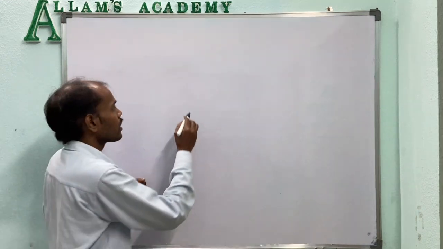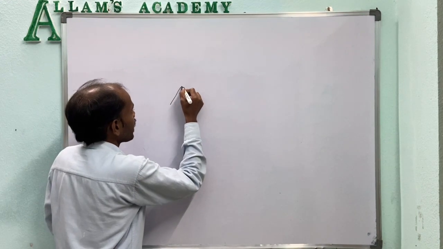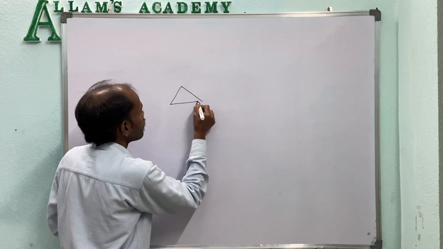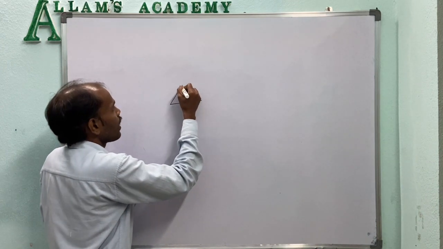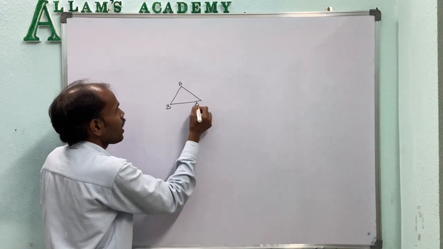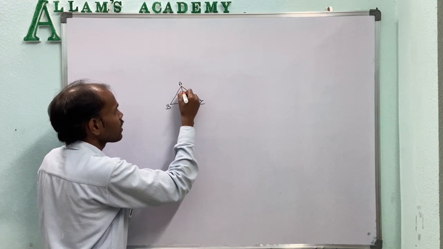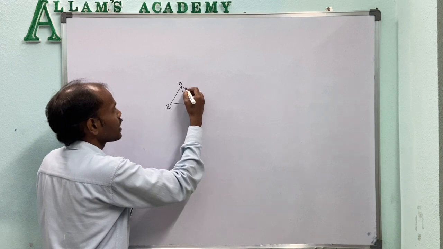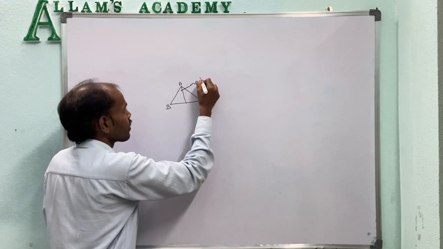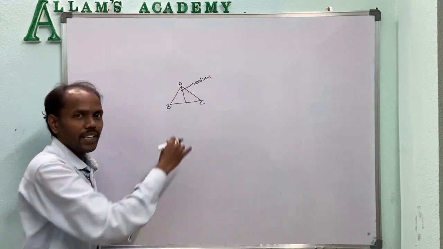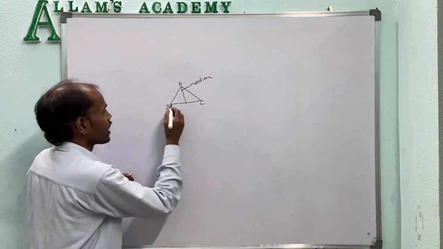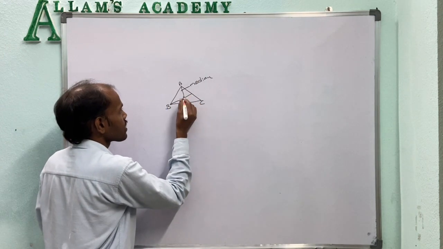In a triangle, the line segment drawn from a vertex to the opposite side's midpoint is called a median. For a triangle, we can draw 3 medians.